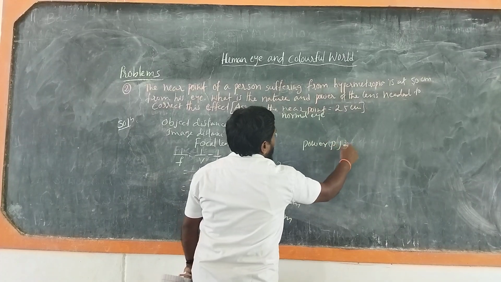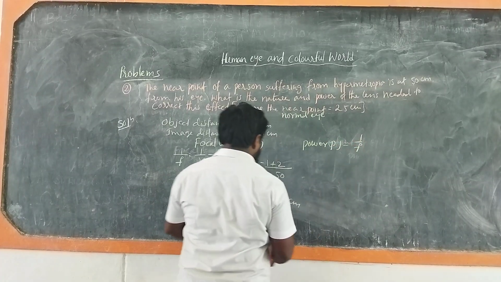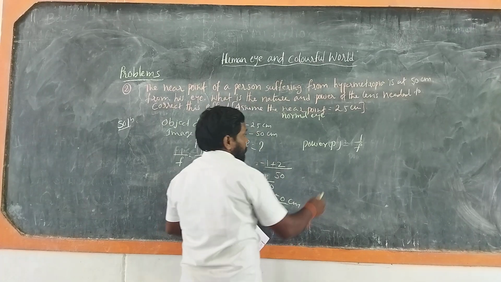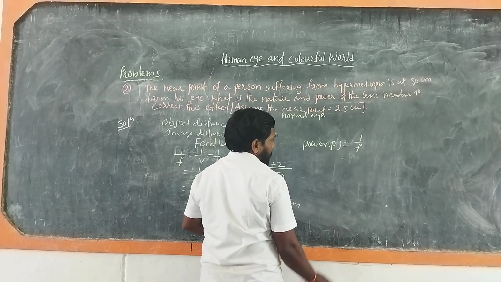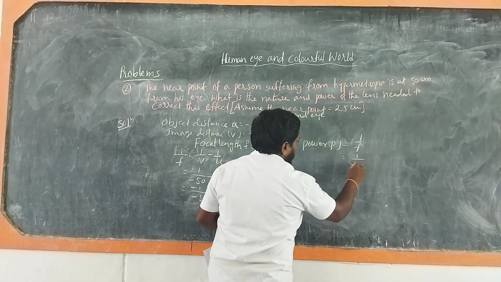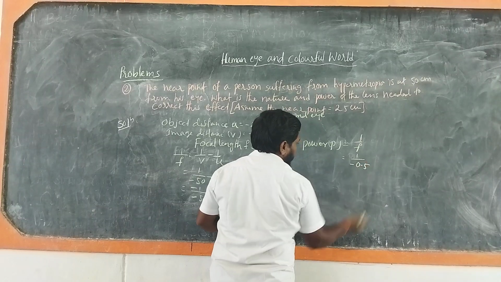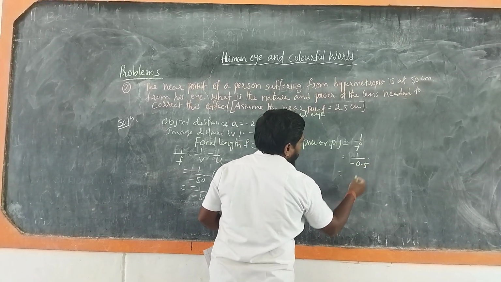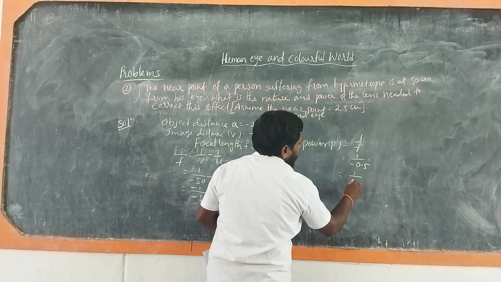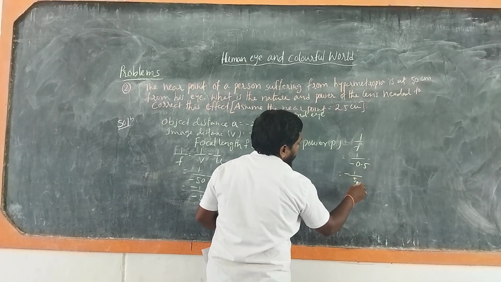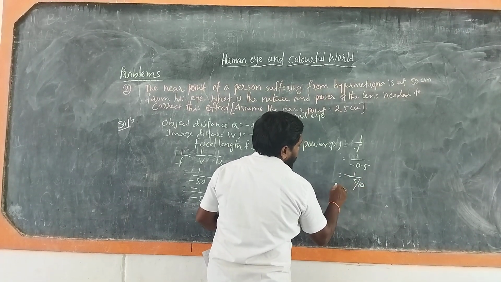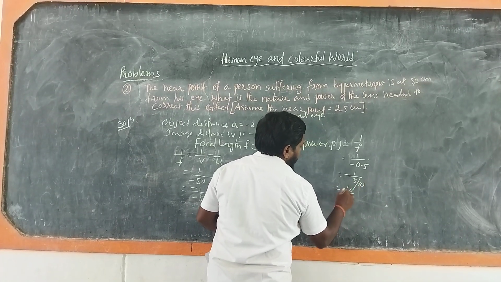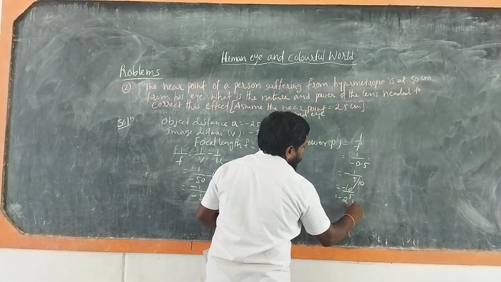Then calculate the power. Power P is equal to 1 by F. That is equal to 1 by 0.5, which is equal to 1 by 5 by 10, that is equal to 10 by 5, which is equal to 2.